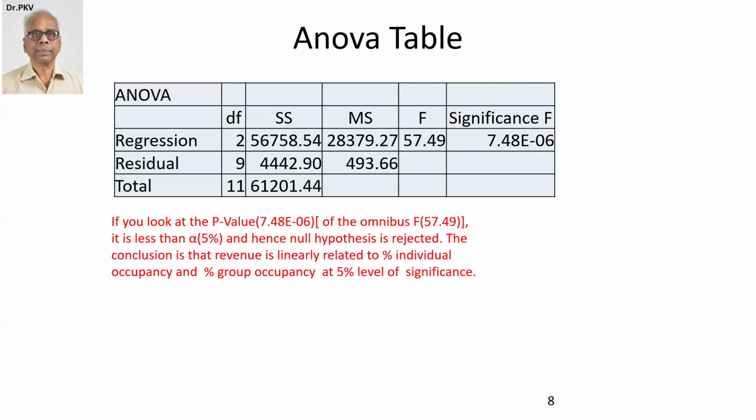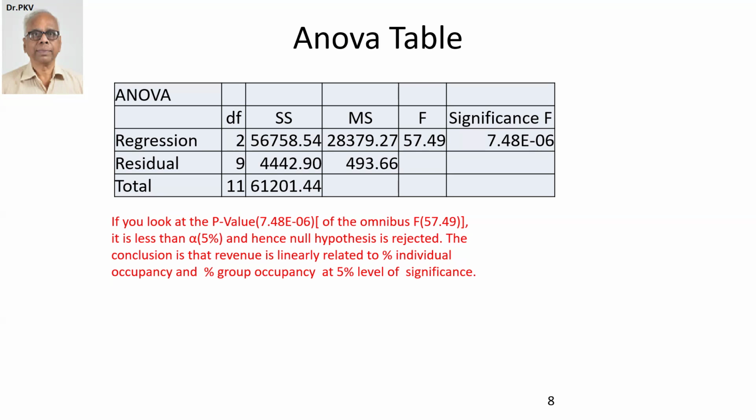And the P value corresponding to the computed F value, the omnibus F, 57.49, is almost zero, because the computer has given 7.48 E minus 06, meaning 7.48 divided by 10 to the power 6. It's almost zero. If you go for 4 decimal places or so, 0.0000.